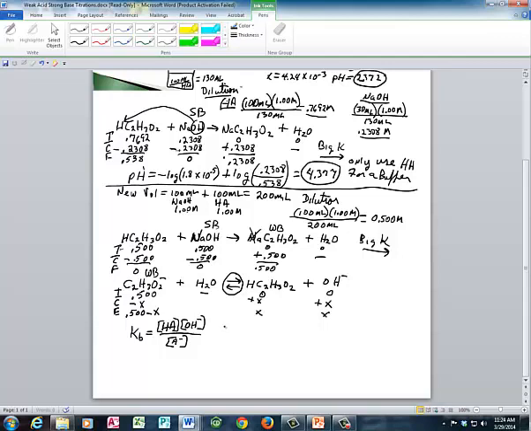Now I need a Kb. Well, I need you to remember that Ka times Kb equals Kw. So you're going to get the Kb by taking Kw, 1 times 10 to the minus 14, that'll be on the front cover of your exam, don't forget that, divided by the Ka, which was given for acetic acid of 1.8 times 10 to the minus 5.